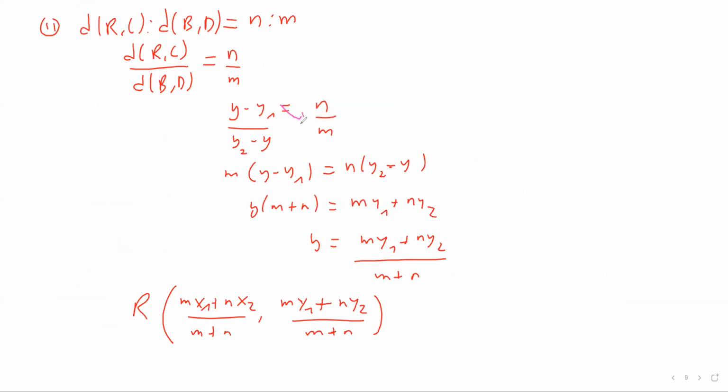You take this here, that here, you multiply through, you get your y, and this becomes the point of any ratio internally dividing line segment AB.